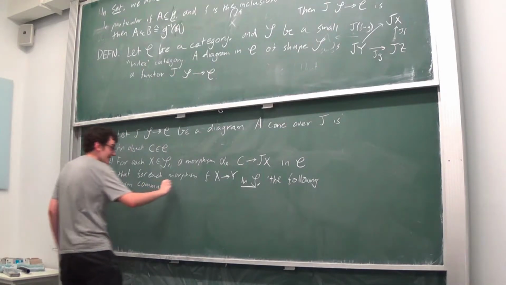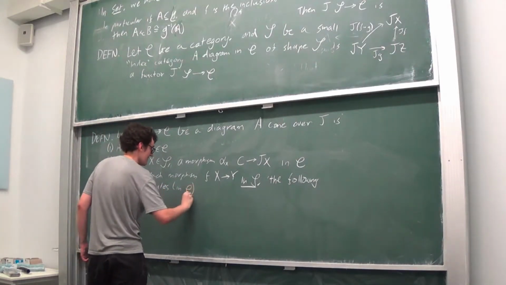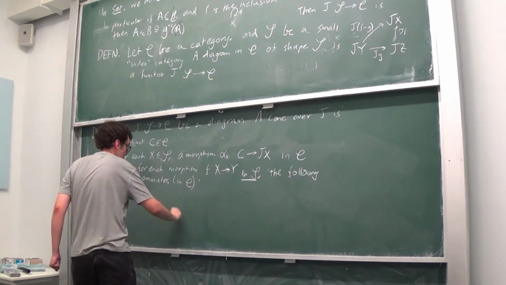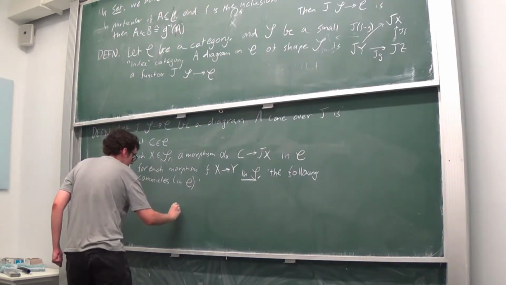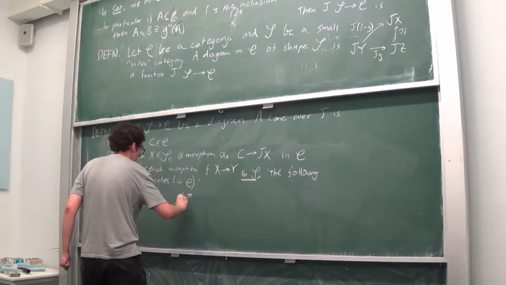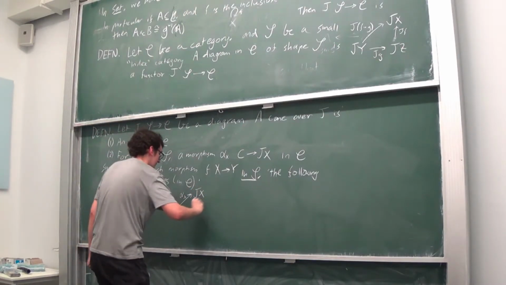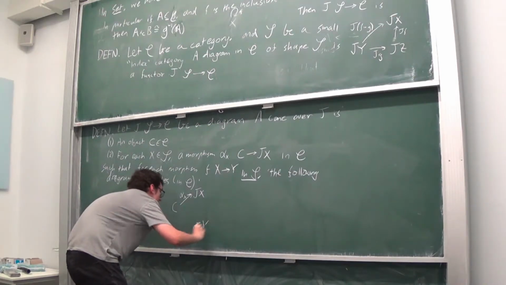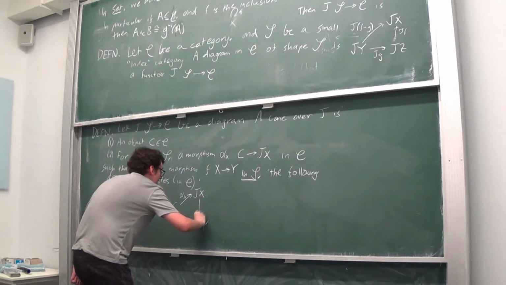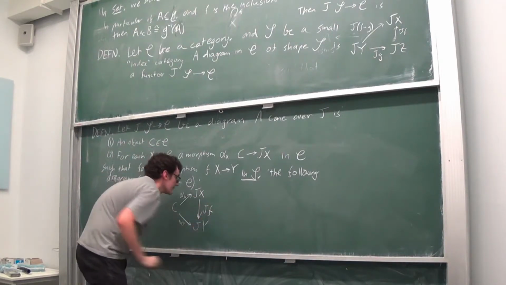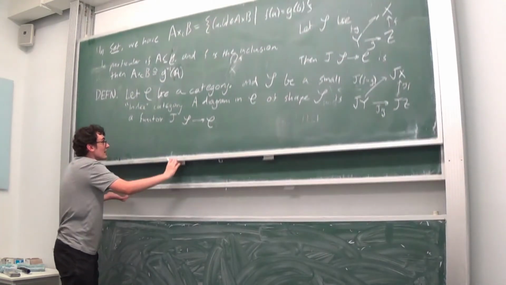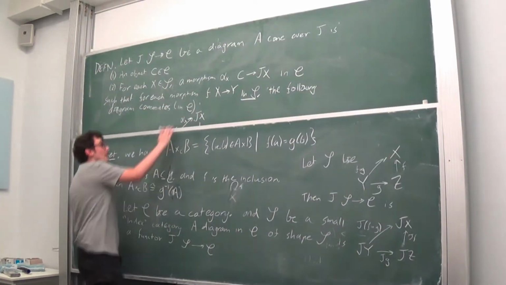And this is a diagram in the category. We want C here, that's alpha X, so it goes to JX, this is JY, that's alpha Y, and this map here is JF. I'm just going to let that definition sit for a moment and write down the definition of a limit, and then I'll justify exactly what the definition of a cone is saying.